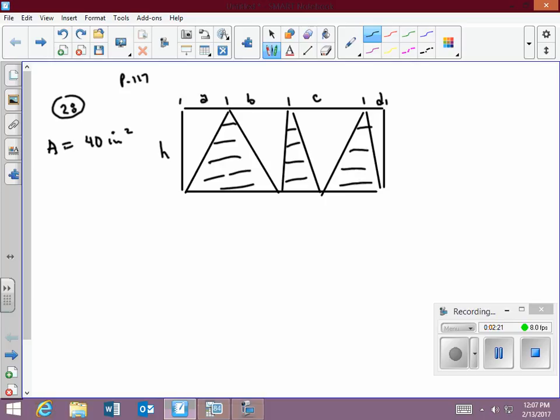So then that first triangle is 1/2 of the base times the height, right? And the second triangle is 1/2 of its base times h.